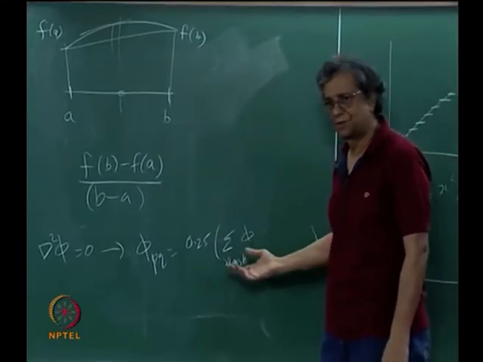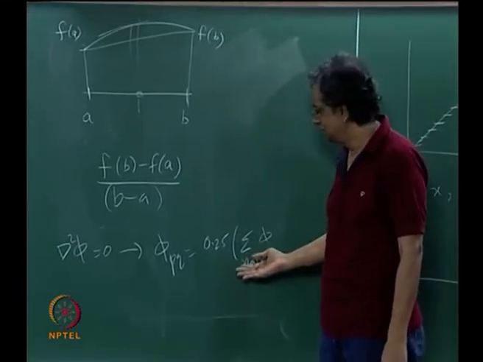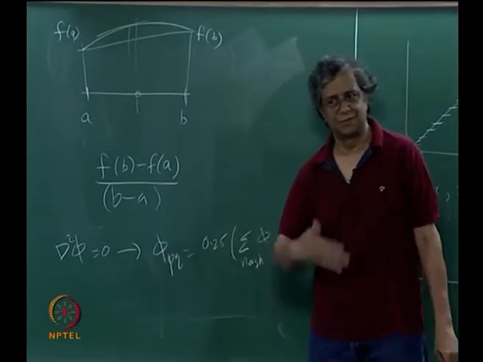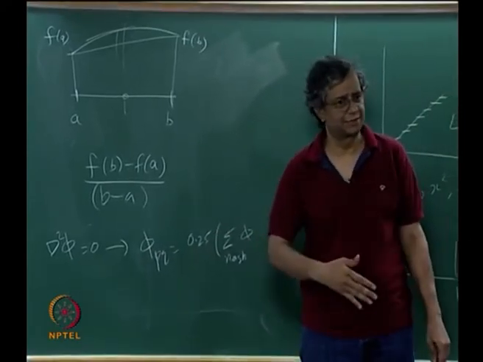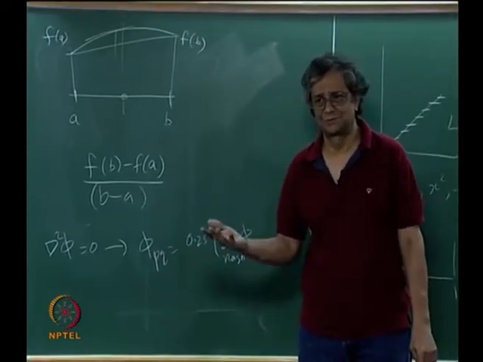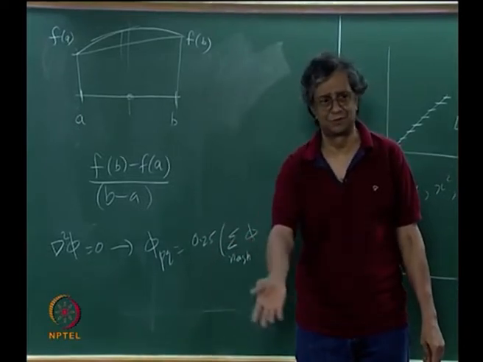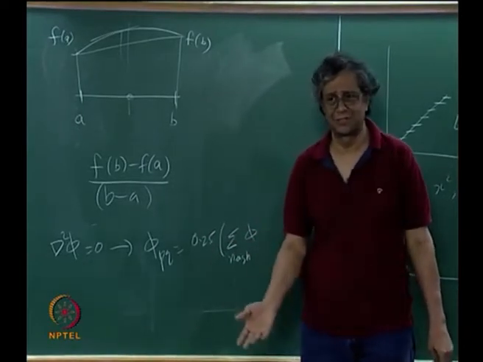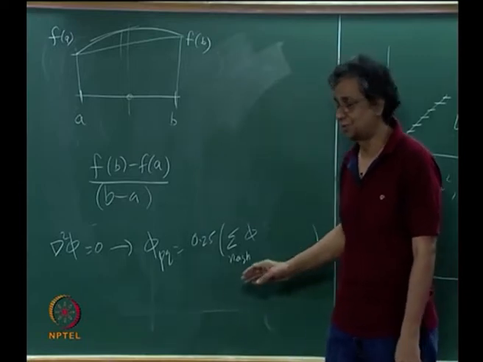Laplace's equation turned out to be averaging of the neighbors, and we used that fact to show that the solution is unique. Two of you cannot get two different answers.